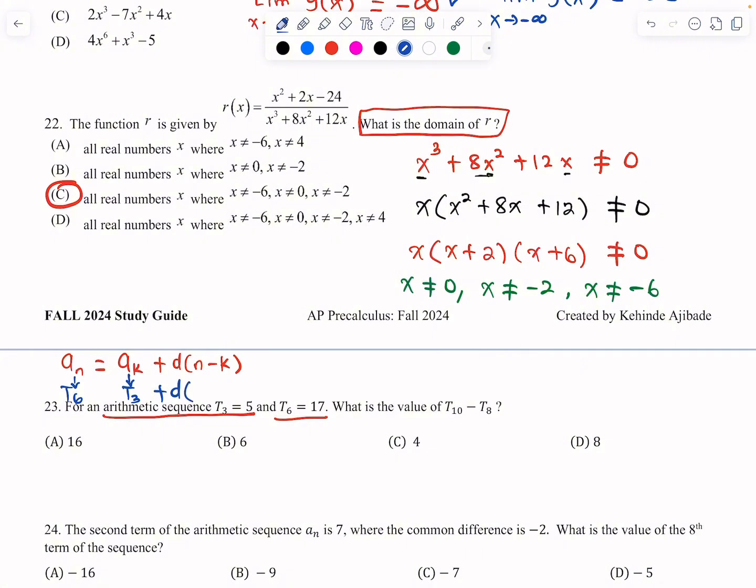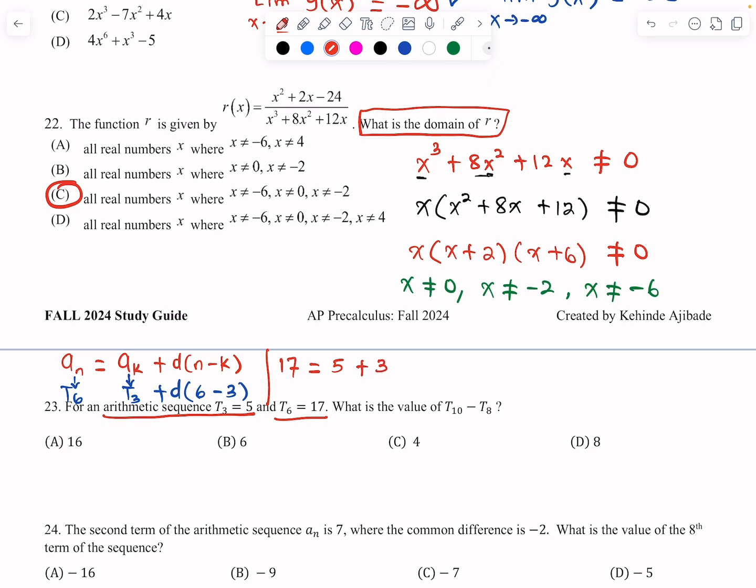Let me find my common difference. So in this case, my n is 6 and my k is 3. Now, if you proceed further, your T6 is 17 and my T3 is 5 plus, what is 6 minus 3? 6 minus 3 is going to give me 3. So this one is going to give me 3d.